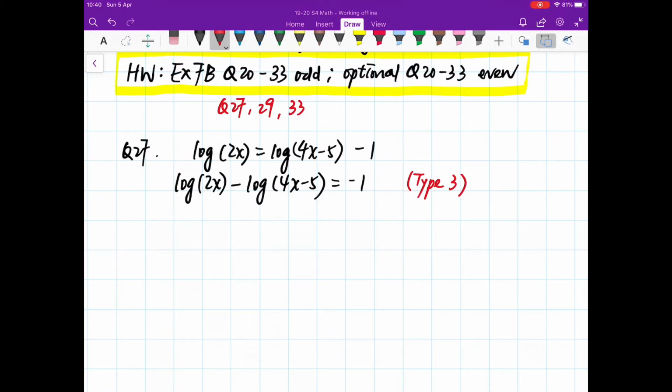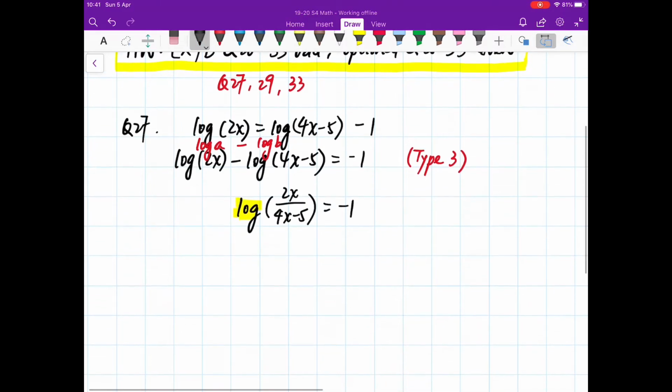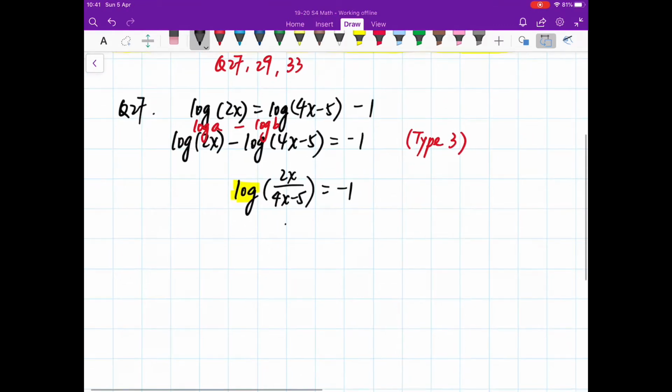Afterwards, we can combine log 2x and log 4x minus 5 by the property of log A minus log B. And therefore we have log of 2x over 4x minus 5 equals negative 1. Afterwards, we can convert the log function by 10 to the power negative 1.